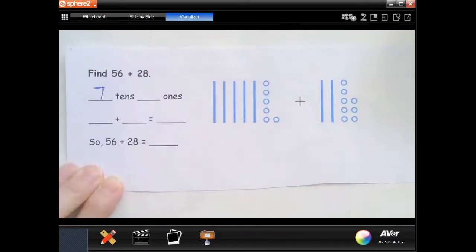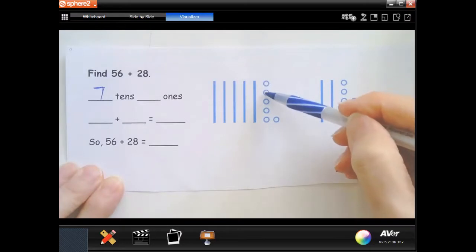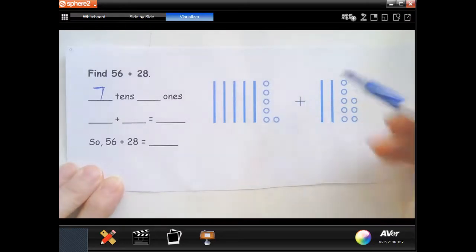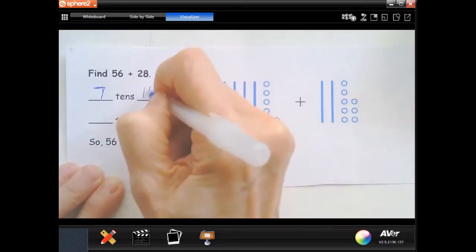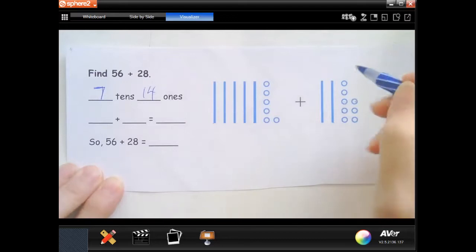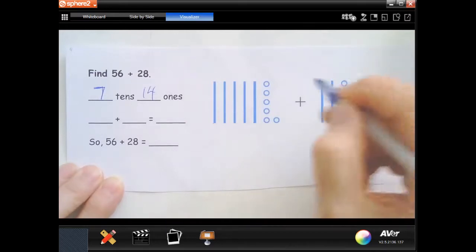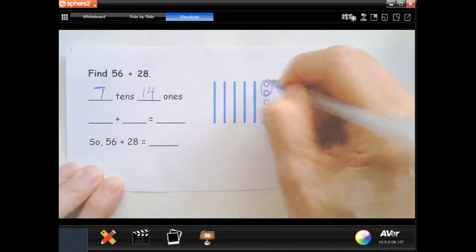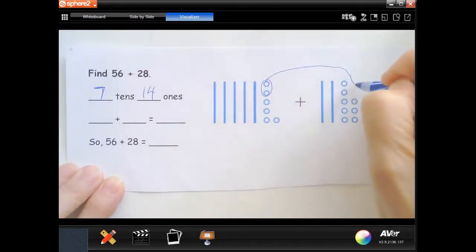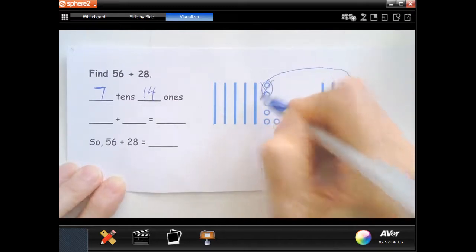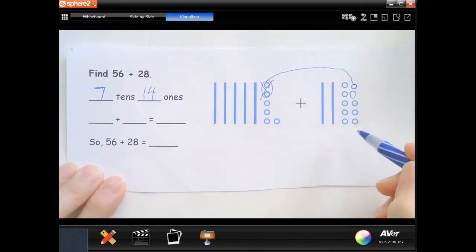Now, how many ones do we have? 1, 2, 3, 4, 5, 6, 7, 8, 9, 10, 11, 12, 13, 14. 14 ones. It looks like I can make another 10. I'm going to take 2 from the 56 and move it over here. 1, 2. Now I have another 10.